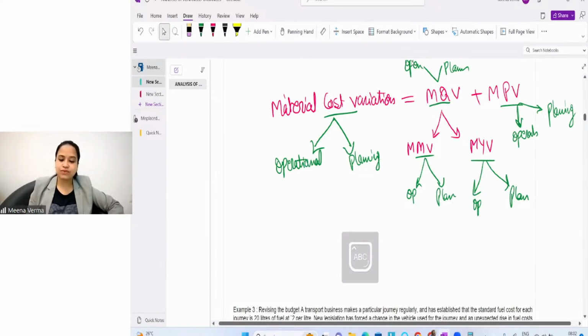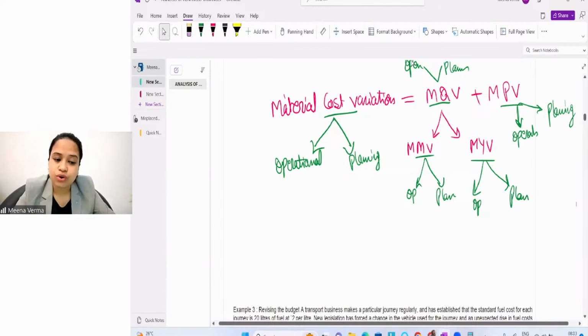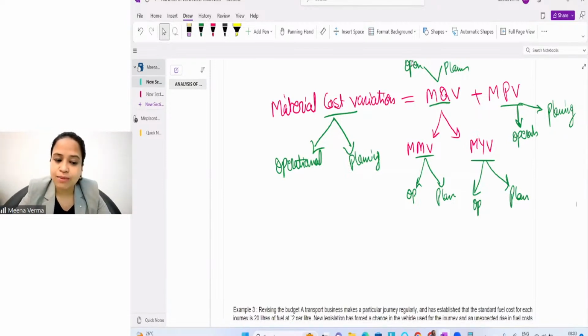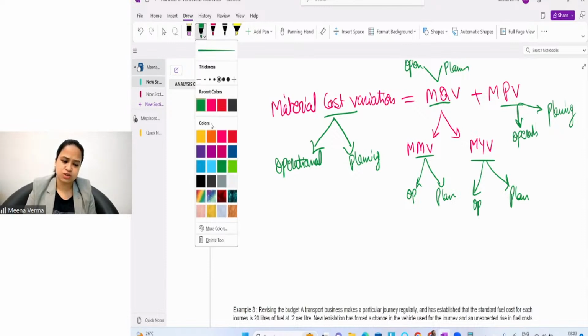So the point is that we have already studied these variations, but now we are studying them again, more in detail. Earlier we studied that for material price variation, only the purchase manager is responsible.